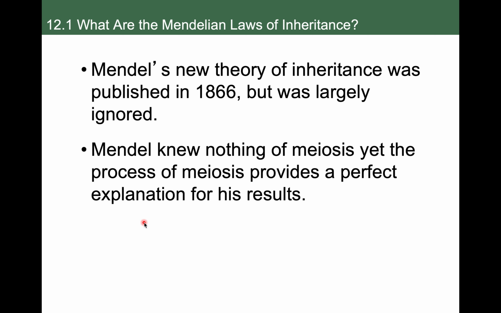So he had a couple of things working against him. This was right after Darwin had published his big treatise on evolution, so everybody was focused on that. Mendel was really unknown in the scientific community, and he published his article in kind of an obscure sort of regional journal that not a lot of people looked at.